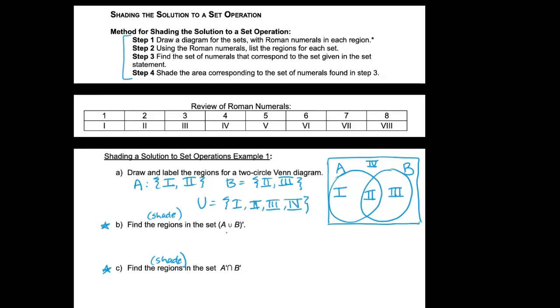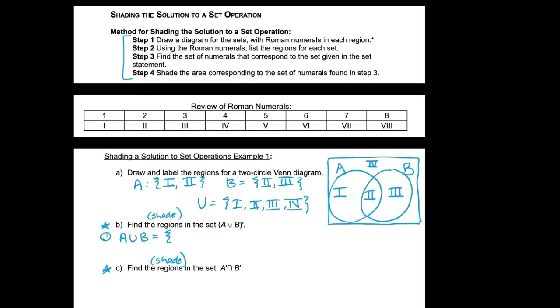Now we're going to actually go through the problem using the Roman numerals. For B, it says find the regions in the set A union B complement. When we do this, we always have to start inside the parentheses first. So we're going to do A union B. I'm going to do that by combining A and B together.